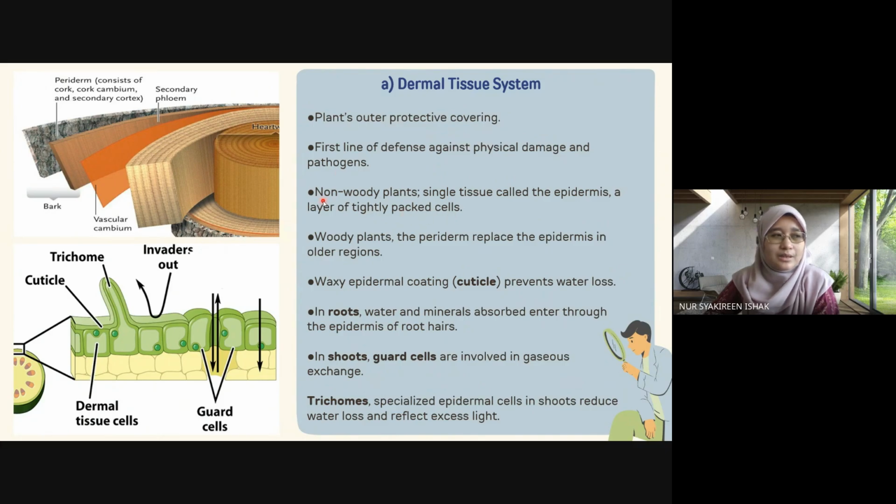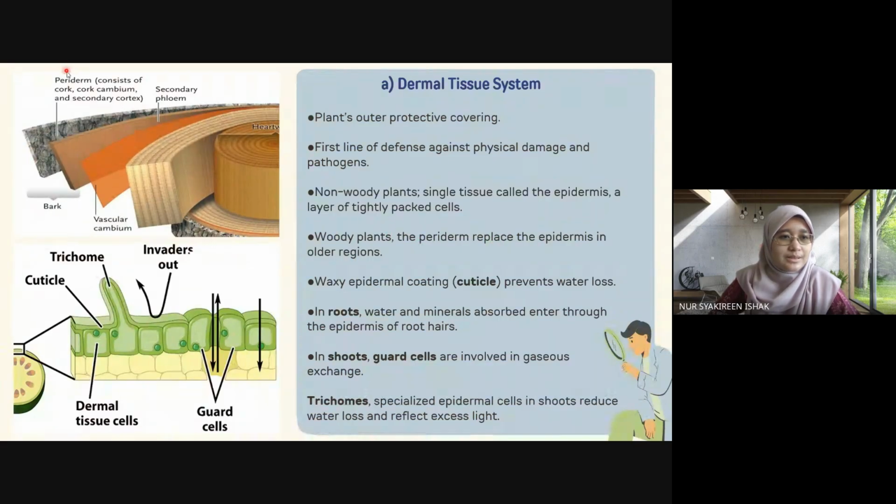So herbaceous plants are like grass and so on, you can look up herbaceous. And then for the more woody plants, the periderm replaces the epidermis in the older region.